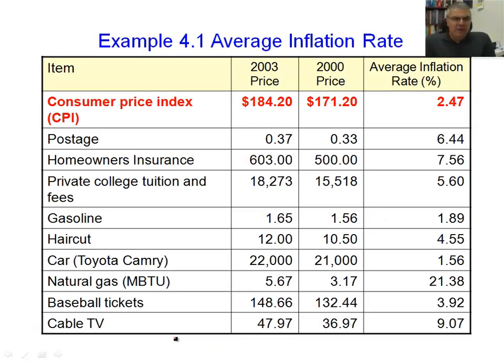So let's take a look at some items here in order to better understand average inflation rate. The consumer price index in 2000 was 171.2. That's the 2000 price. The 2003 price was 184.20.